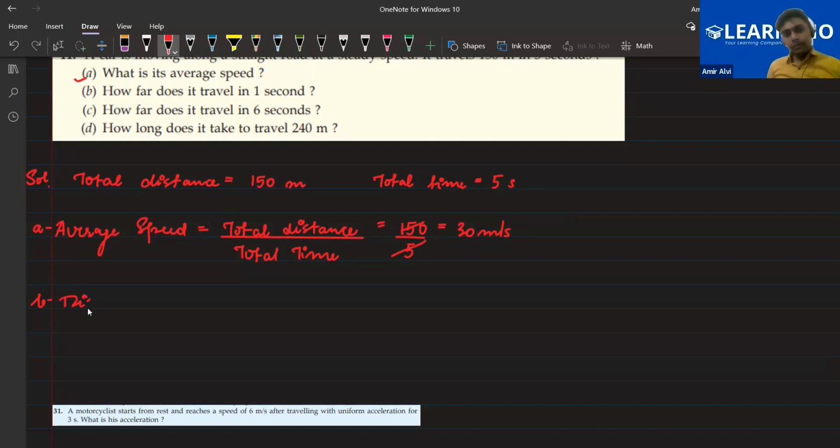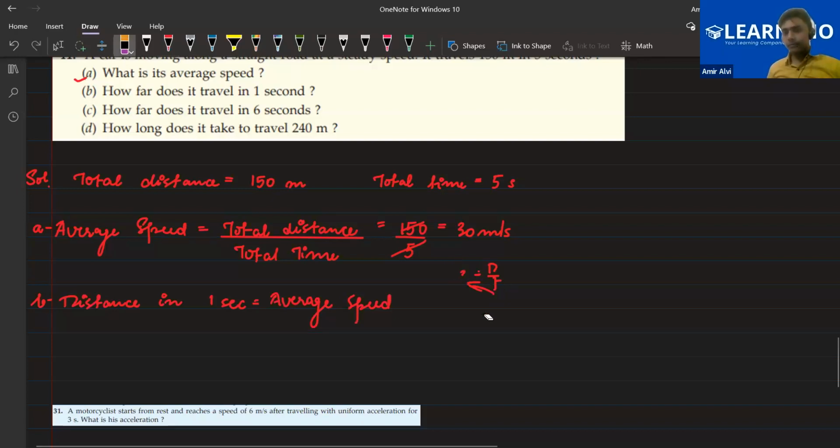Distance in 1 second will be average speed into time, because speed is equal to distance upon time, d by t. I need distance, so speed will be multiplied by time. So 30 into 1 comes out to be 30 meters.